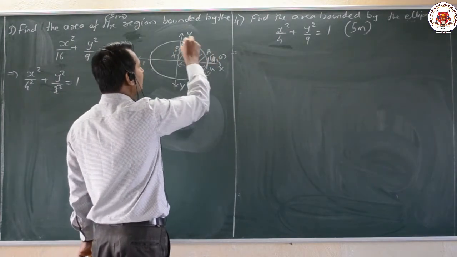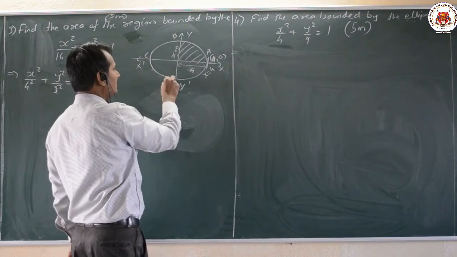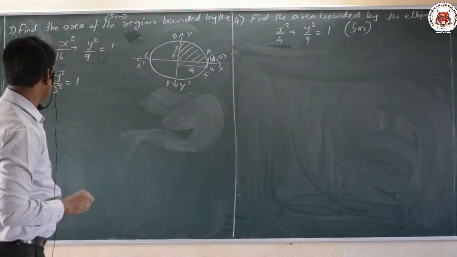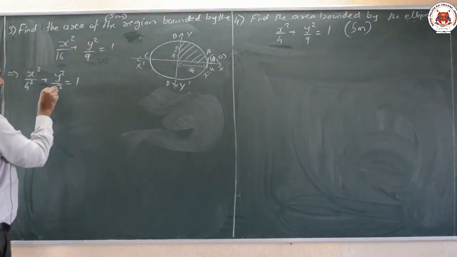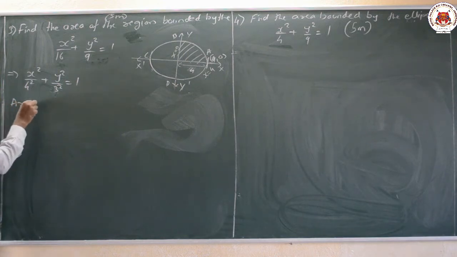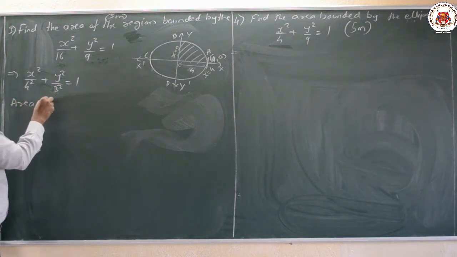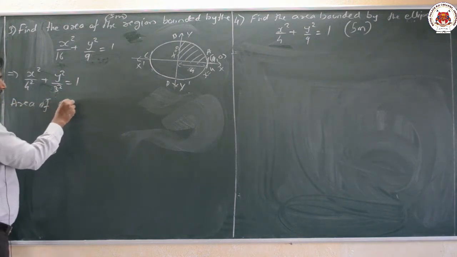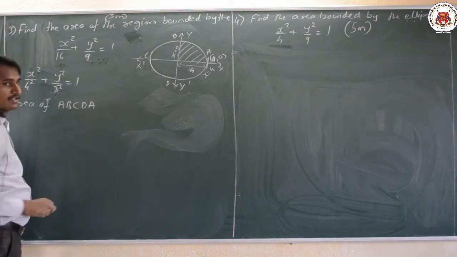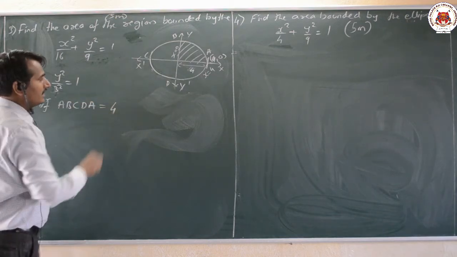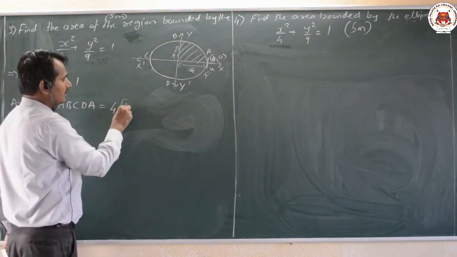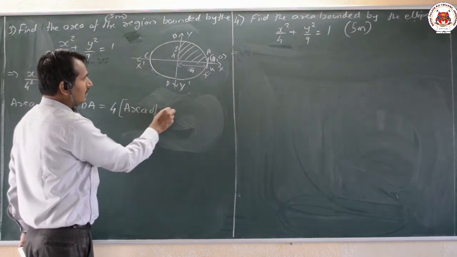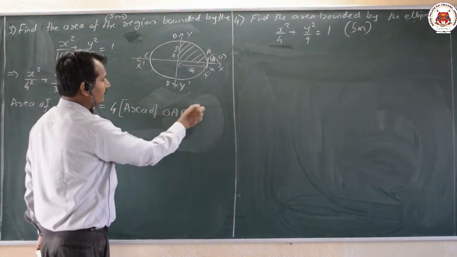If I take the points as A, B, C, D, then the area of ABCD is equal to 4 into the area of OABO.